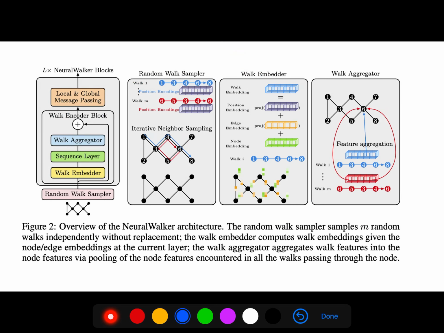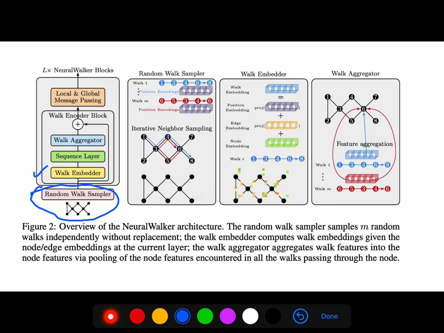So this is an overview of Neural Walker. The random walk sampler samples m random walks. This is an important step. Once we get these random walks, without replacement of course, the next step is the walk embedder, which computes walk embeddings.